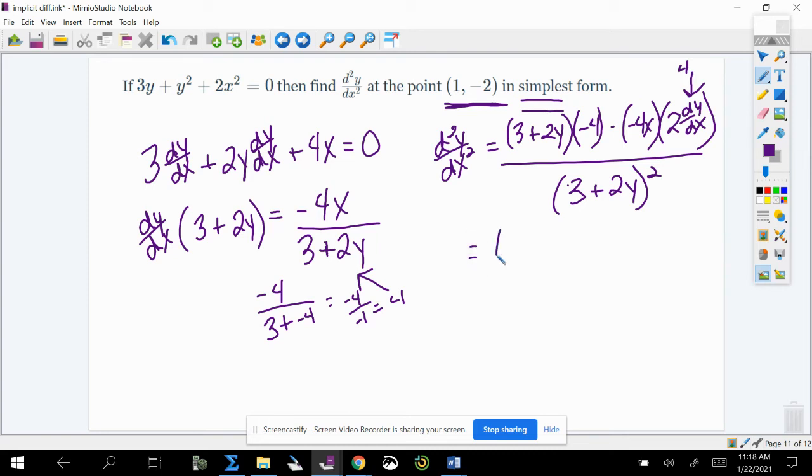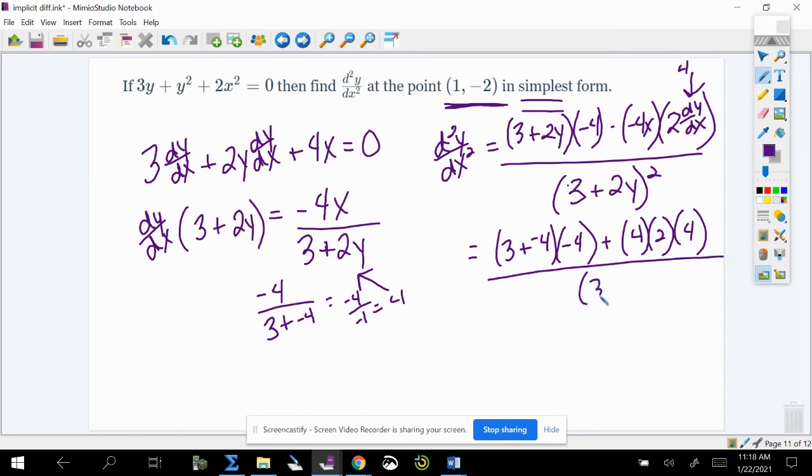So I've got 3 plus 2 times y, so that's negative 4, times negative 4, minus a minus, so I'm just going to change that to a plus. 4 times 1 is 4, times 2 times another 4, and that 4 came from the dy/dx, over 3 plus 2 times negative 2, so 3 plus negative 4, squared.